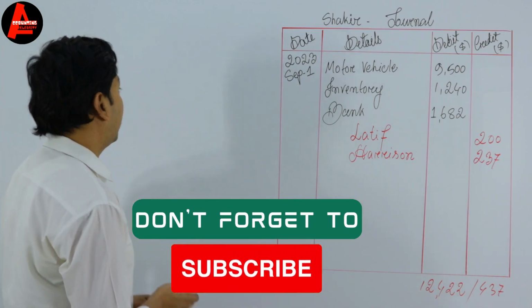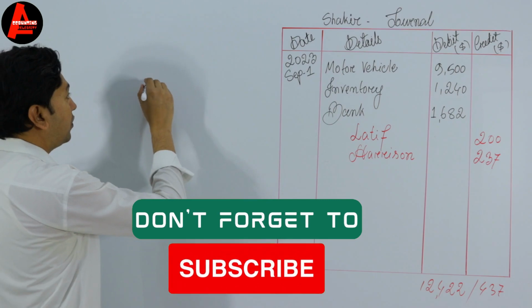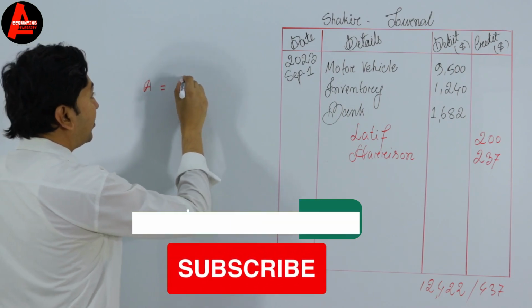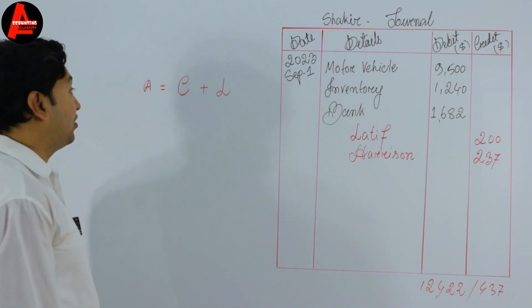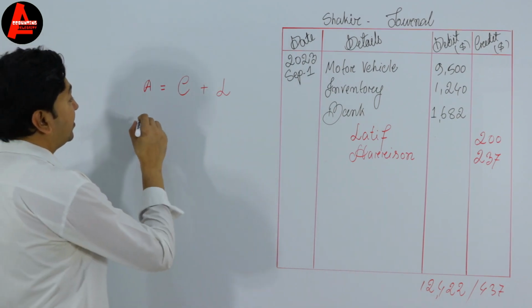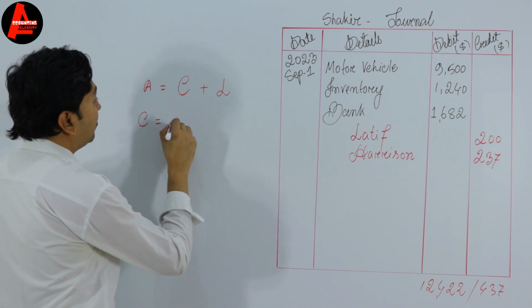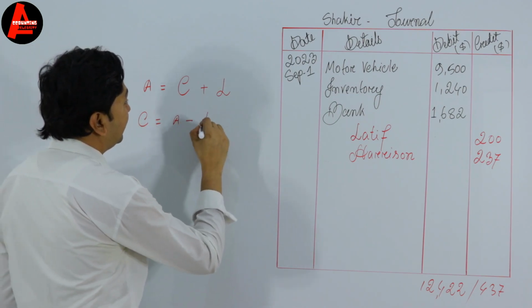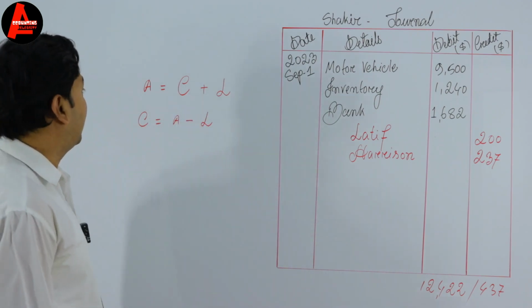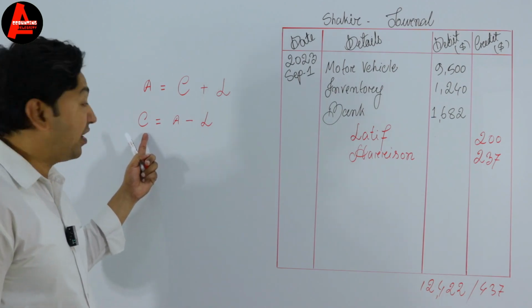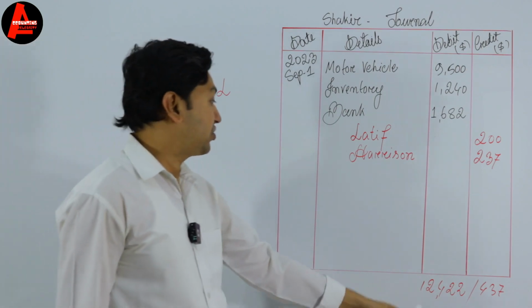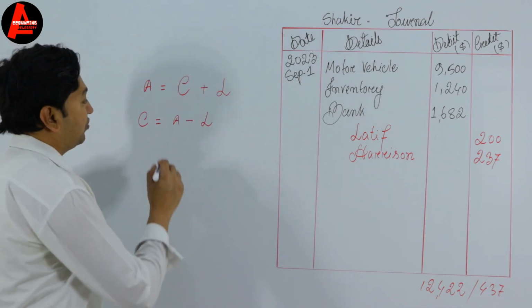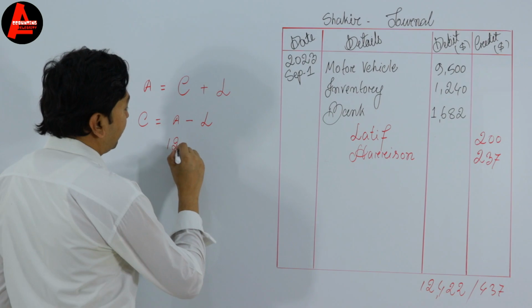We know assets equal capital plus liability. So here we can write it like this: capital equals assets minus liability. Same thing. So here we will now calculate capital. We have here assets, it is 12,422.